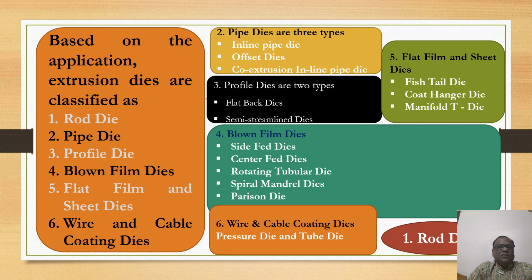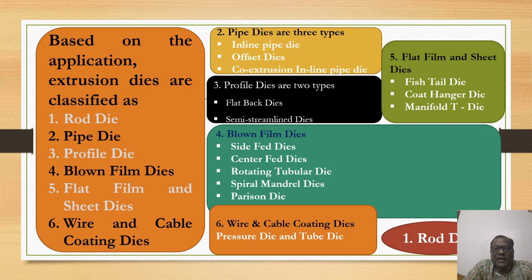But the second one, which is pipe die, the plastic pipes are manufactured by using these dies, and those pipe dies are again classified in three ways. There are three types of pipe dies. So what are those three types?